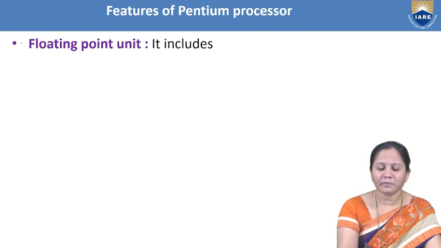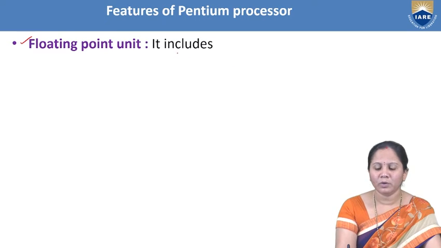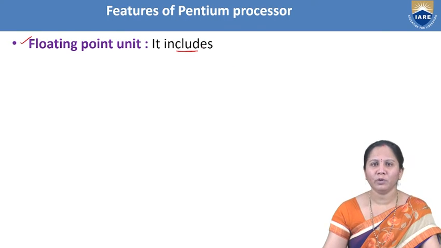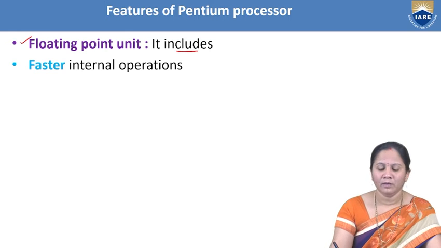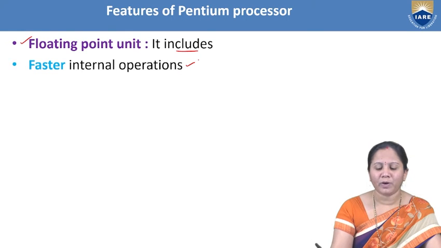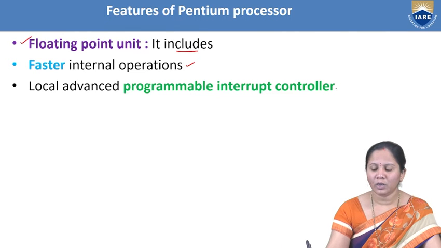Another feature is the floating point unit. It includes one more unit along with the 2 execution units, which is called the floating point unit. It performs faster internal operations, and a local advanced programmable interrupt controller is also available.